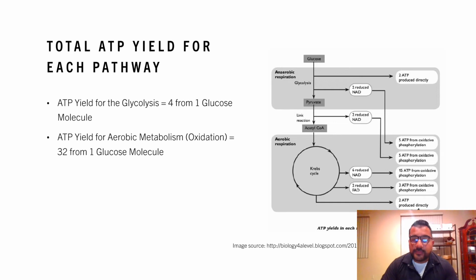Then you finally have 2 ATP produced, which combine for a total of 32 ATP, so the yield of ATP for aerobic metabolism means 32 ATPs are produced from one glucose molecule.